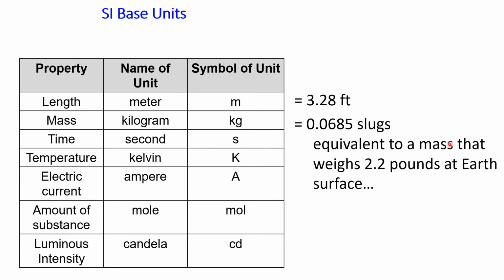Pounds is actually a measurement of force, and it has to do with how much gravity is pulling on a mass, and it changes. At the surface of the Earth, a kilogram of mass has a weight of about 2.2 pounds, but really, mass-wise, the unit, I didn't make this up, is slugs, and so 1 kilogram is 0.0685 slugs.